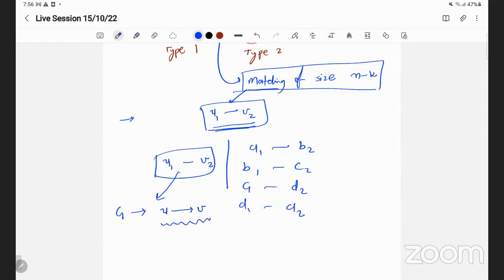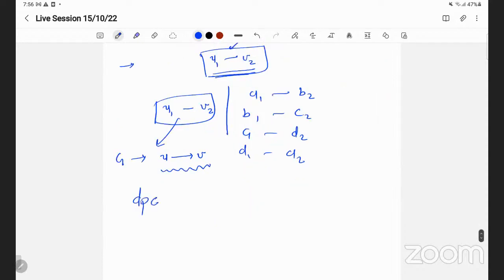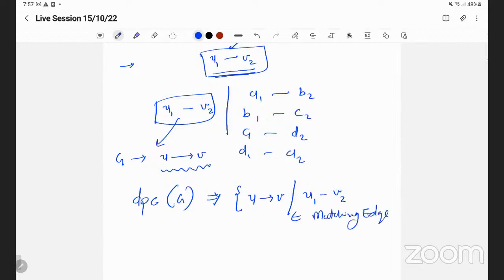So the disjoint path cover that I want to find in G, I will consider all the edges of type U to V, where the edge from U1 to V2 belongs to a matching edge in graph G prime.